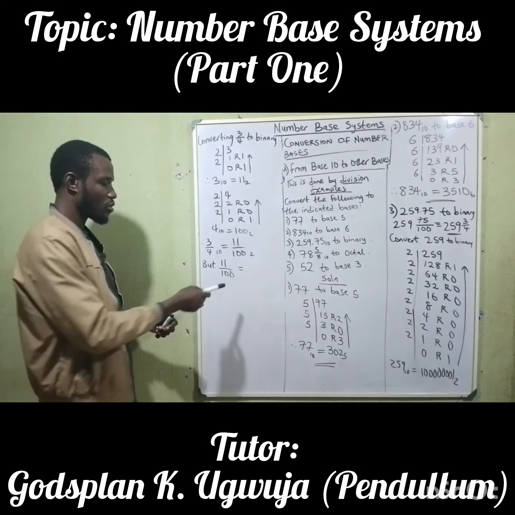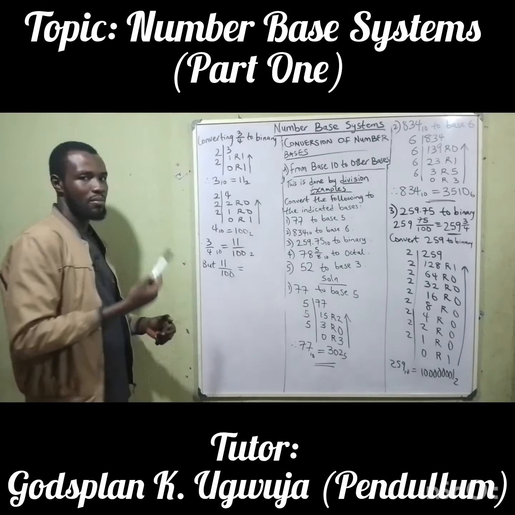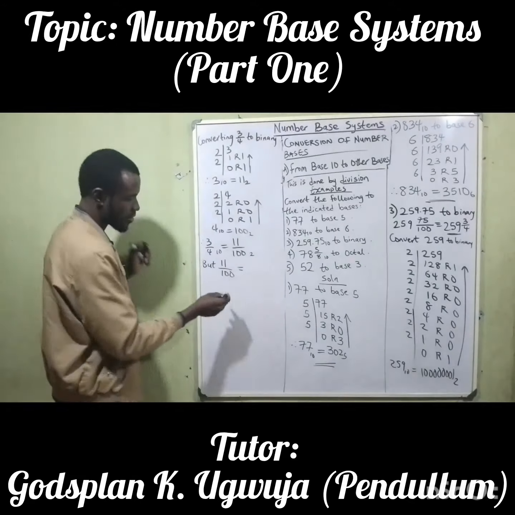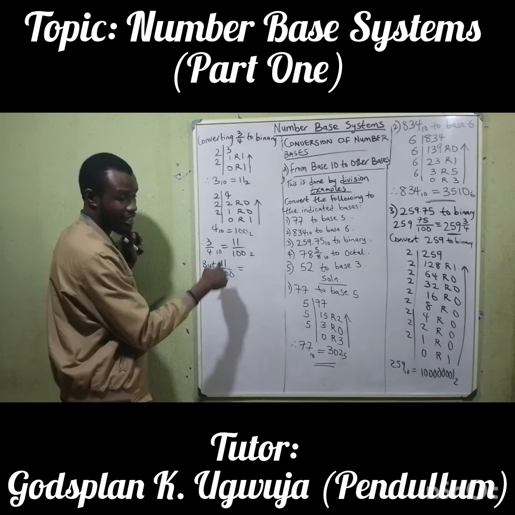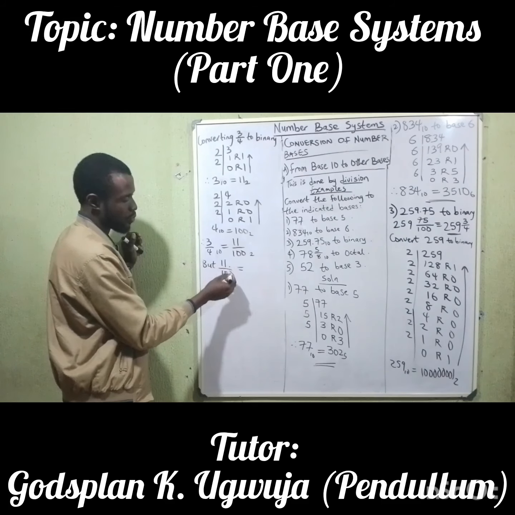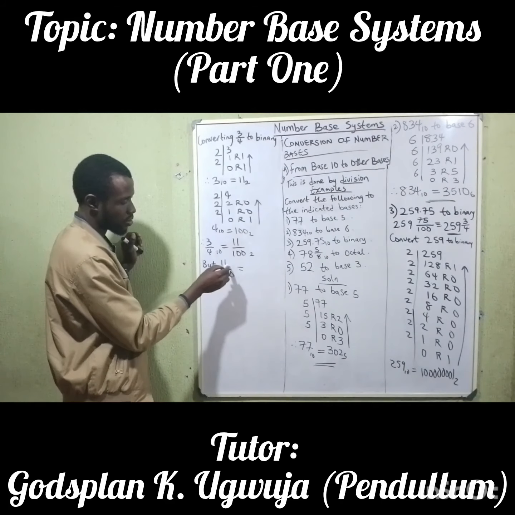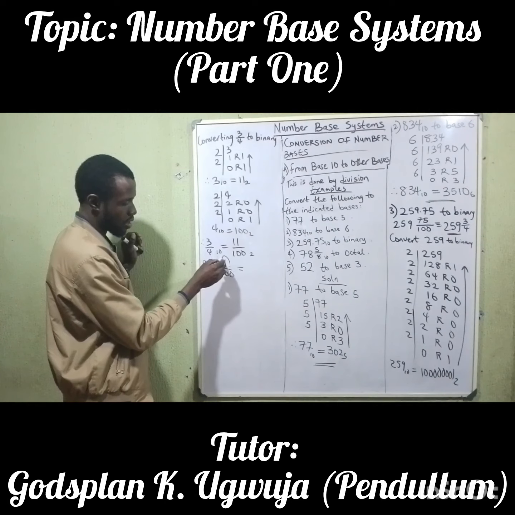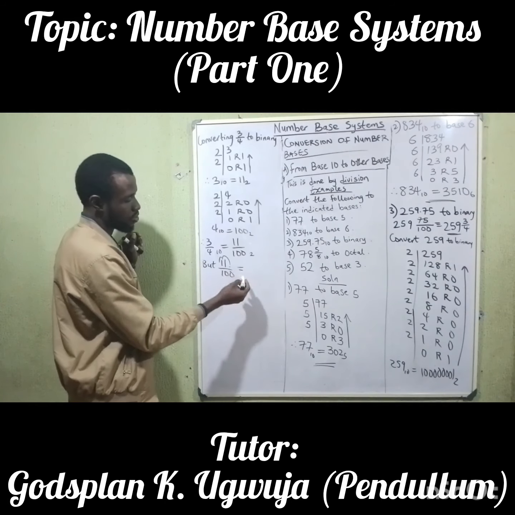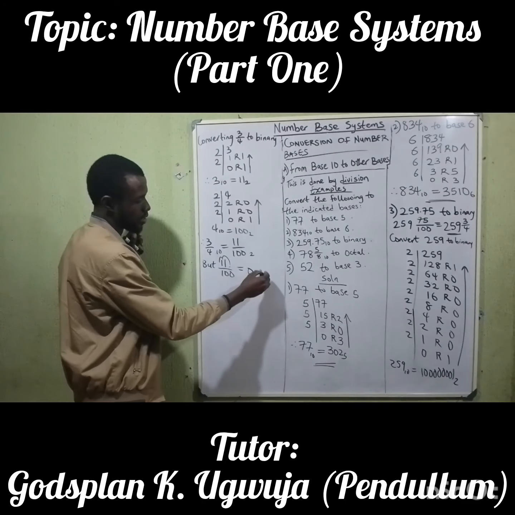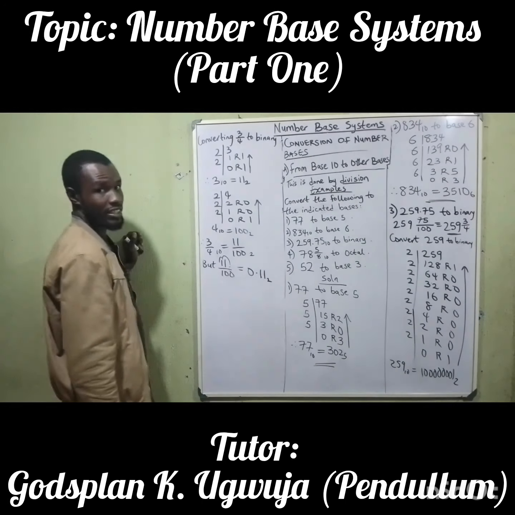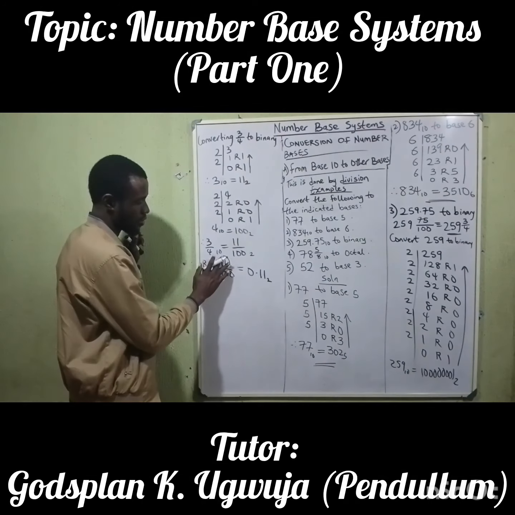If you divide by 1000, you move your decimal point 3 times backward. So if our decimal point is here, remember this is 11, so decimal point is here. We are dividing by 100, we are moving it 2 times backward. That's 1, 2. So this should give me 0.11 if I'm writing it in decimal.